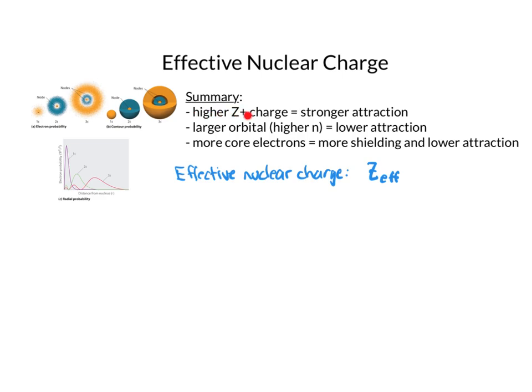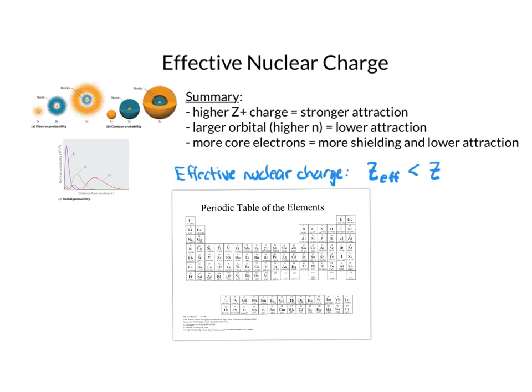So the total nuclear charge might be quite high, but these two factors, which have to do with how the electrons interact with each other, lower the attraction of the electrons for the nucleus and make it act as though they have a nuclear charge that is less than the actual atomic number or the actual nuclear charge.